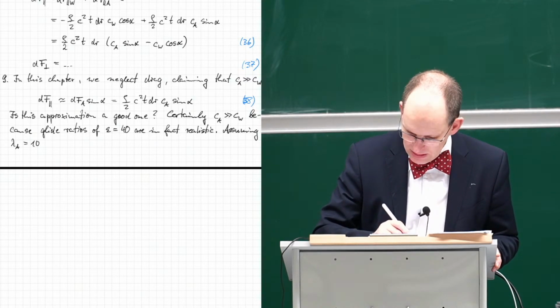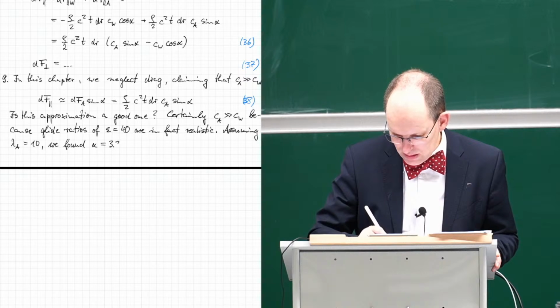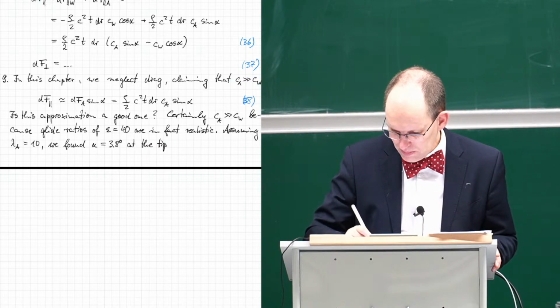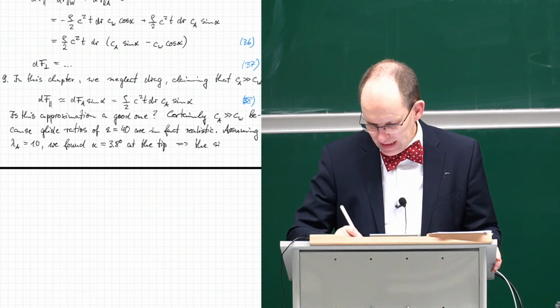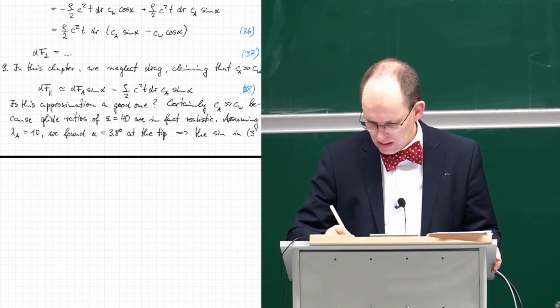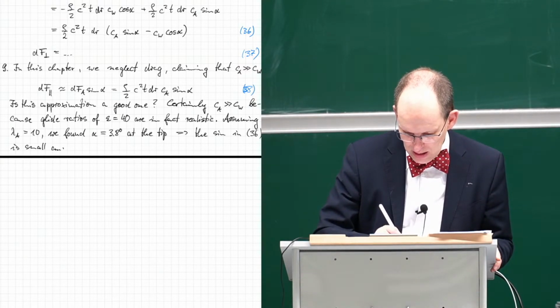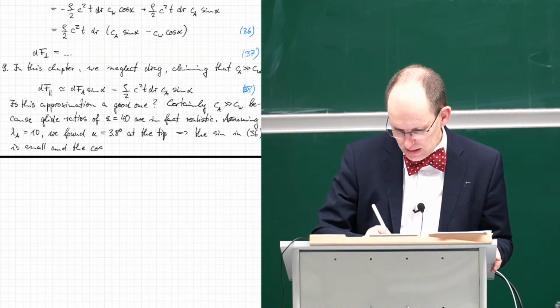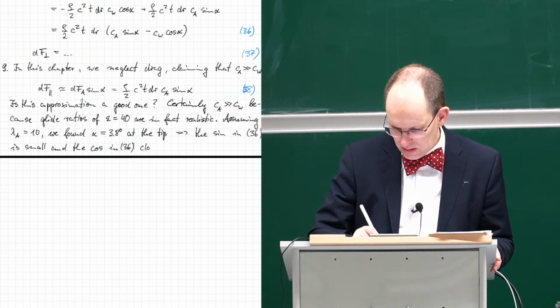So assuming we found alpha is equal to 3.8 degrees at the tip, this means that the sine in equation 36 is small, and the cosine also in 36 is close to 1.